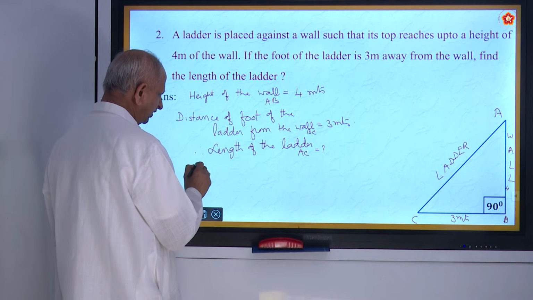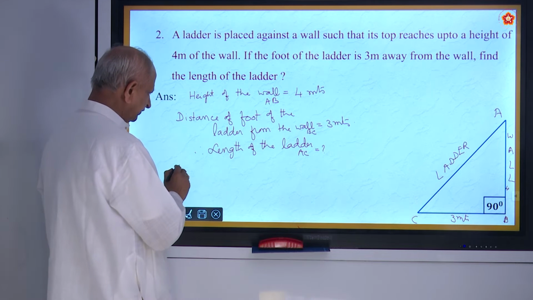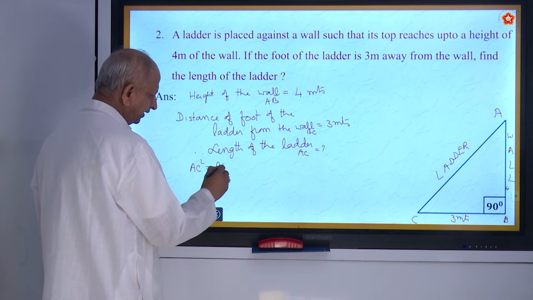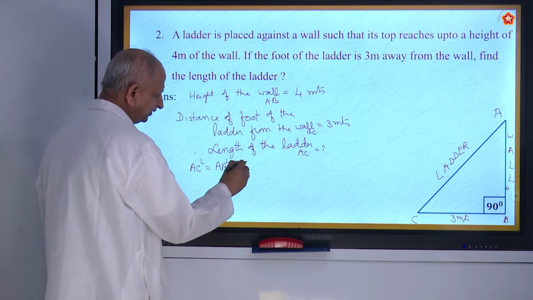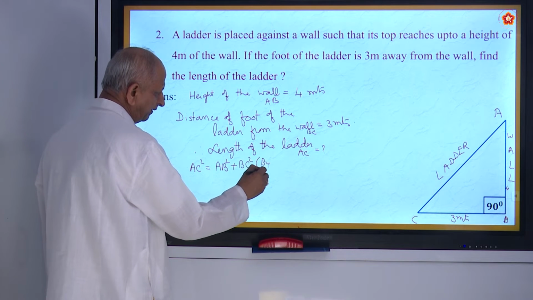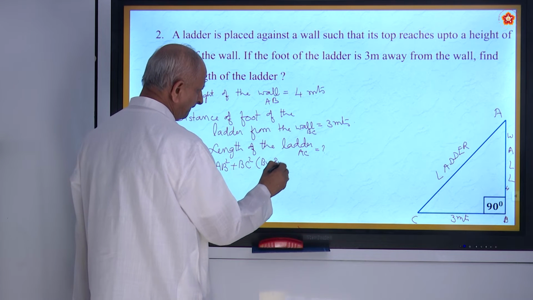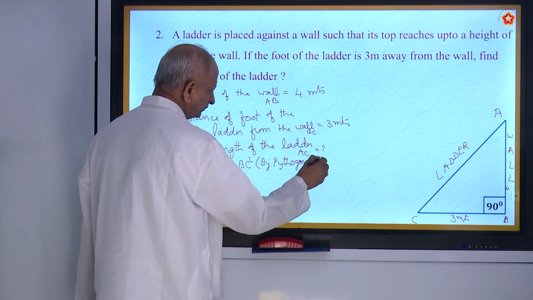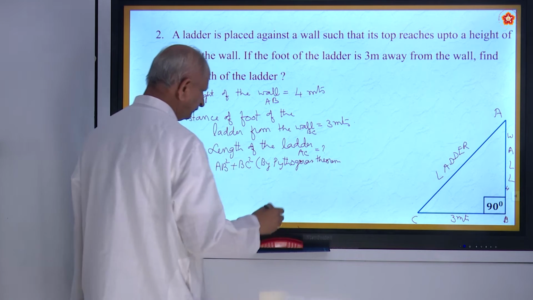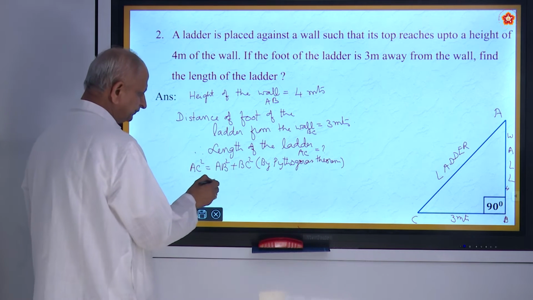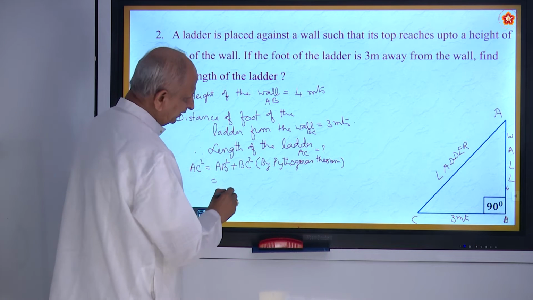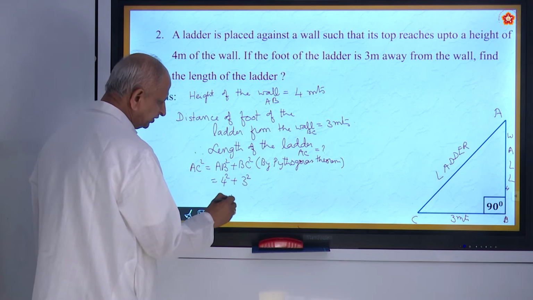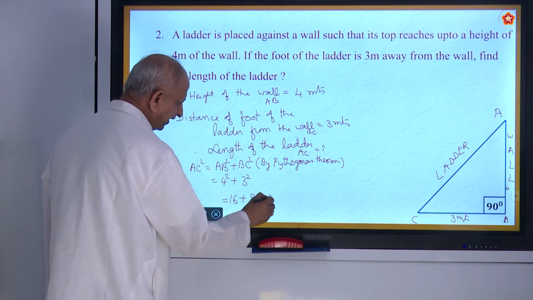So by Pythagoras theorem, AC square is equal to AB square plus BC square. What is AB? AB is 4. What is BC? 3. 4 square is 16 plus 9, 25.